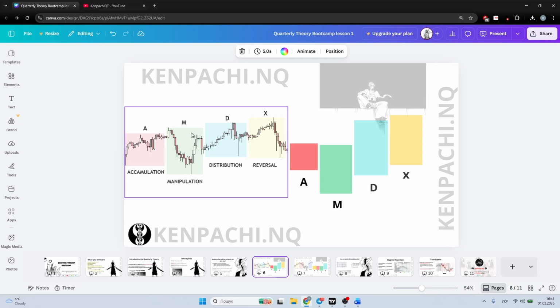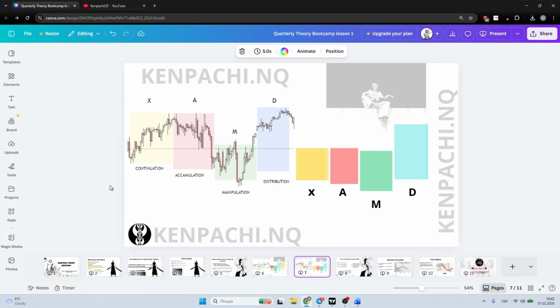AMDX: accumulation, manipulation, distribution, and X is like continuation or reversal. So in this case, X is reversal. And XAMD, when X is continuation, A accumulation, M manipulation, D distribution. So in this case, X is continuation.